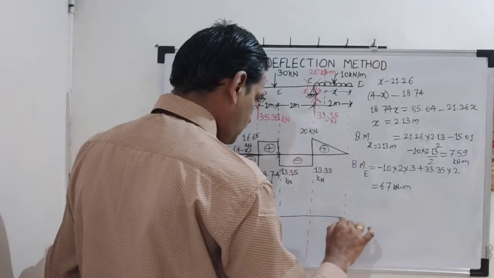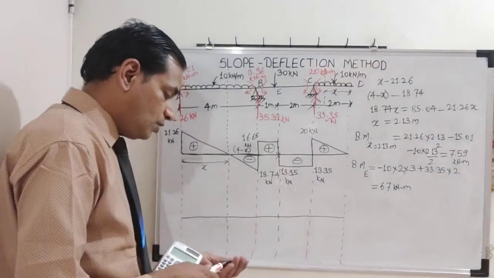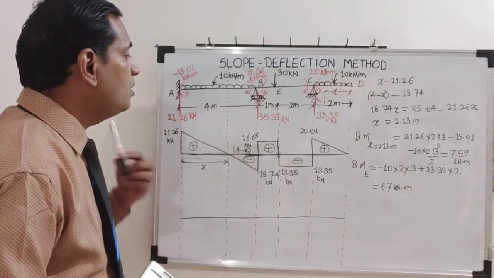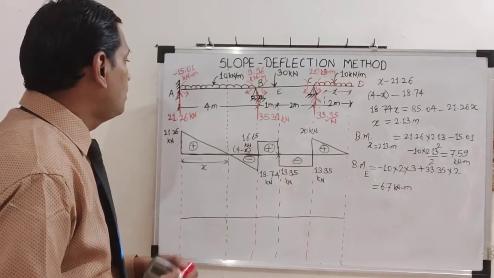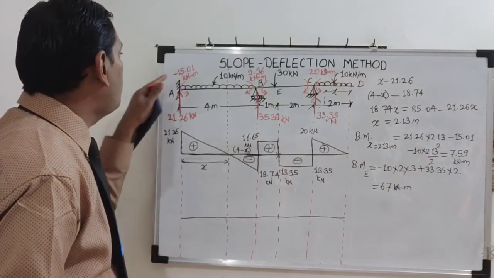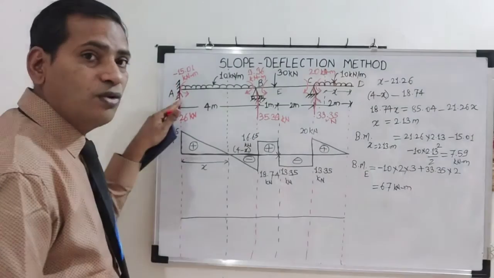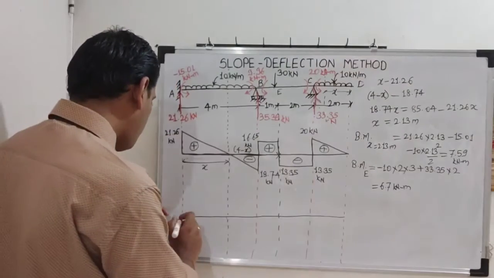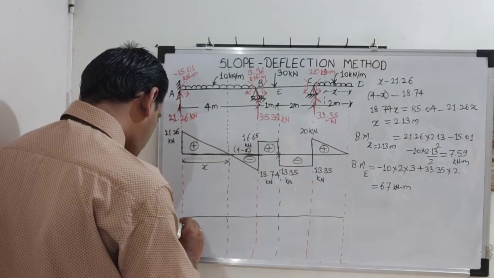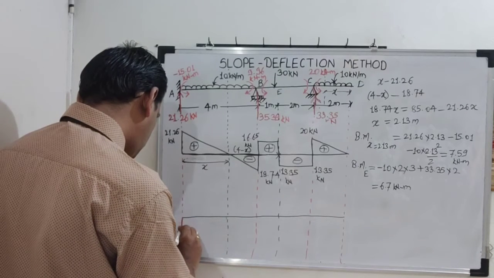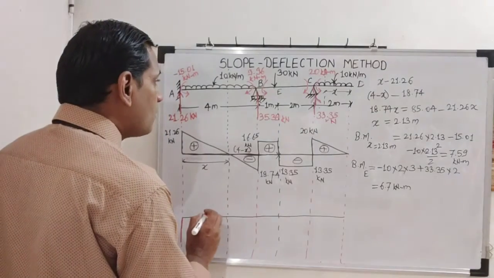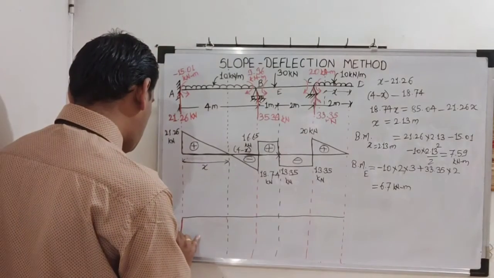Let us see what the different values are. 15.01 is anti-clockwise, so minus, and we will plot it below the reference line, 15.01.